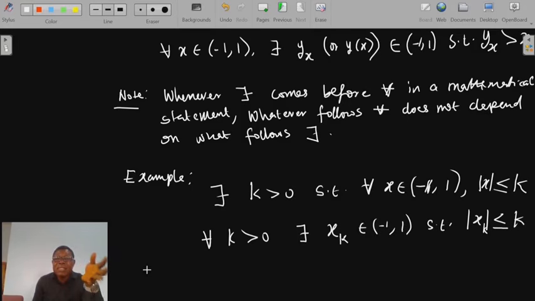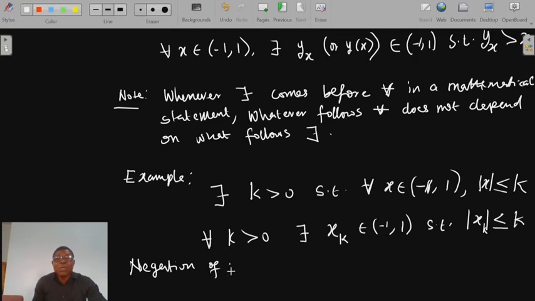And whenever the existential quantifier comes before the universal quantifier in a statement, what follows the universal quantifier does not depend on what follows the existential quantifier. So I think this, I believe, is well noted. Now, the next notion I would like us to look at is the notion of negation.